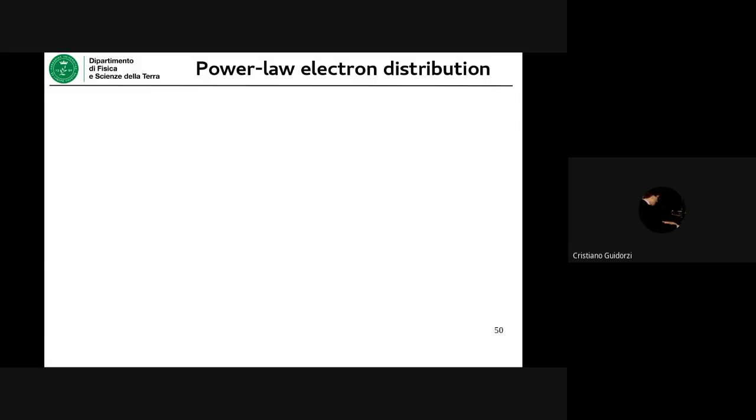Okay, fair enough. But now let's move in the same way as we did for the Bremsstrahlung case. You remember we first studied the emission properties of one single electron, and then we moved to consider realistic populations. In that case it was a thermal population. Now, synchrotron radiation is often due to ultra-relativistic electrons.